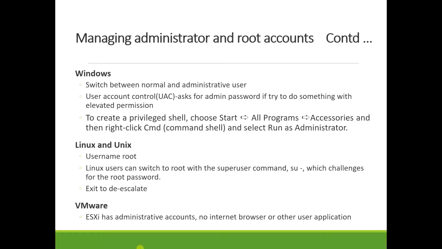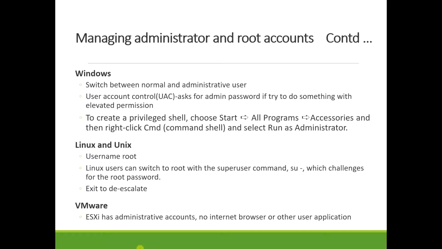Also, you can repeat the process in reverse to return to a normal account. On newer Windows systems, you can also switch user accounts and gain temporary administrative privileges through User Account Control, referred to as UAC.